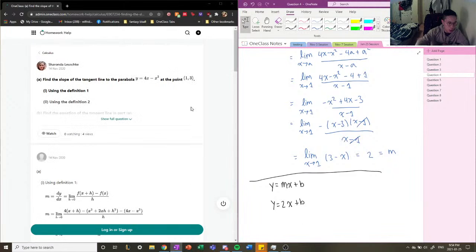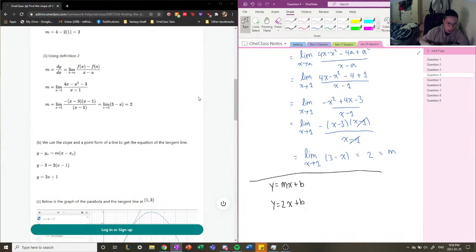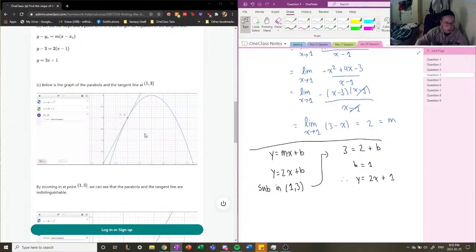We're given the point (1, 3), which is on the line, so we sub in 1 and 3. We get 3 equals 2 plus b, so b is equal to 1, and therefore y is equal to 2x plus 1. That is the equation of our tangent line, and now we're going to graph it.